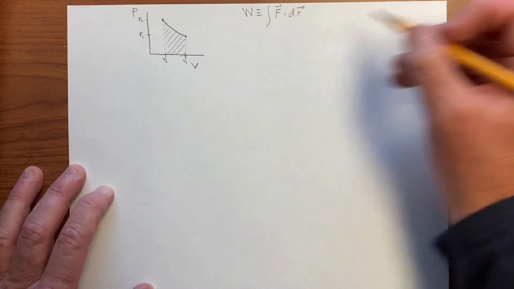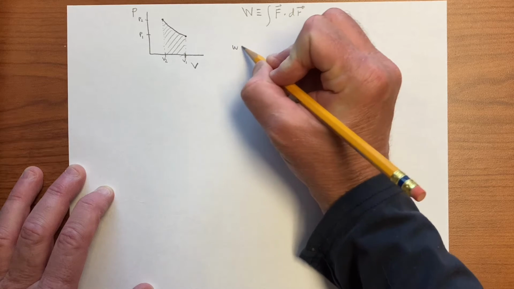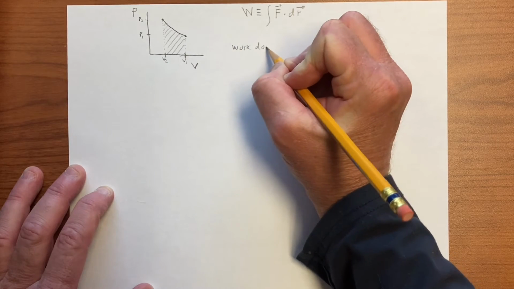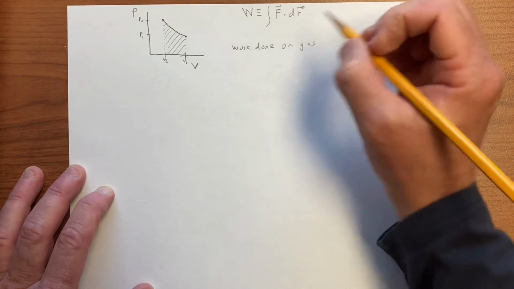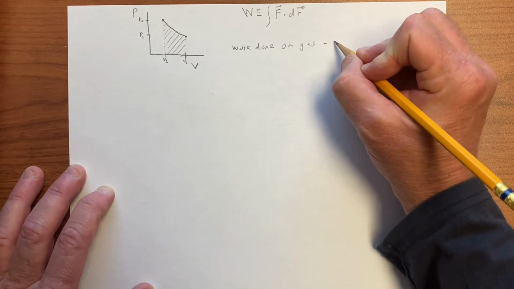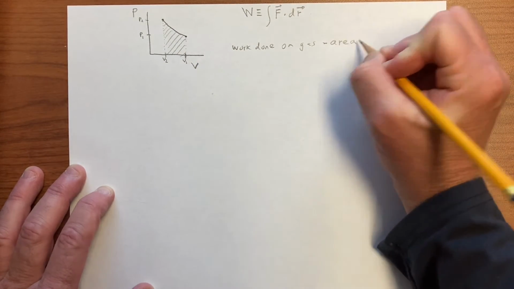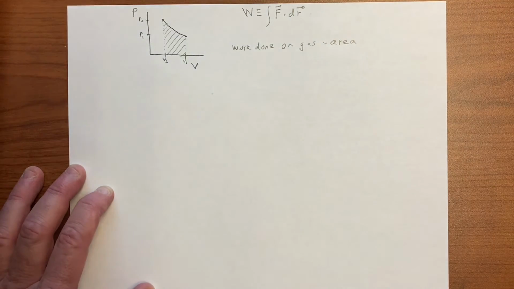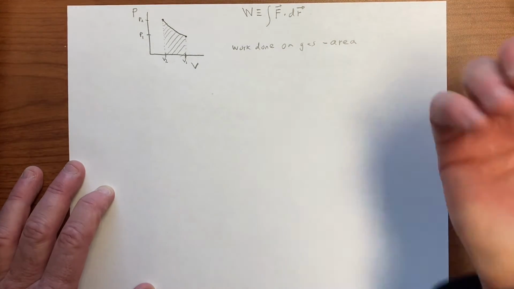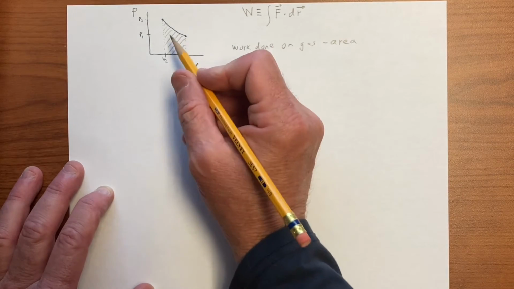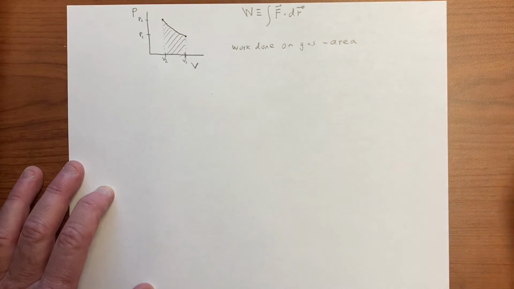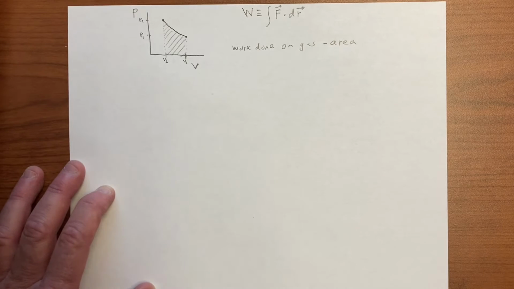It turns out that the work done on the gas is minus the area, right? In some sense, that's a convention. It can be positive or negative, depending on the change in the volume.